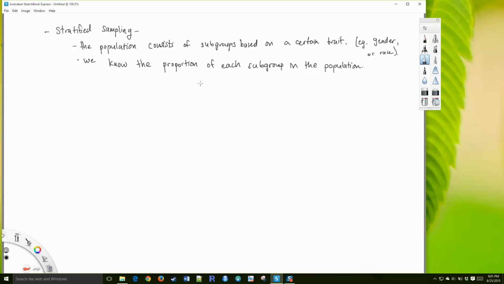So for example, male 50% and female 50% or something like that.